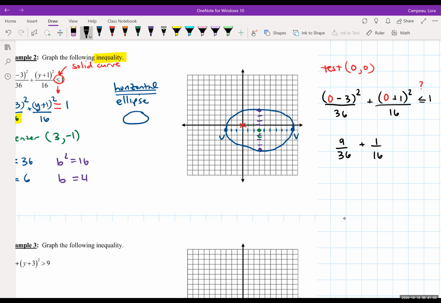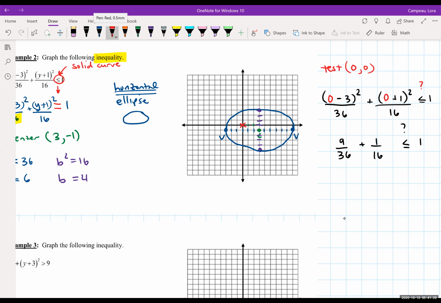And we're just trying to say, hey, is this less than 1? We can play with a little bit of estimating. I know that 9/36 is less than 1/2, and so is 1/16. So if you add them, you should still be less than 1. So I am getting a true statement.